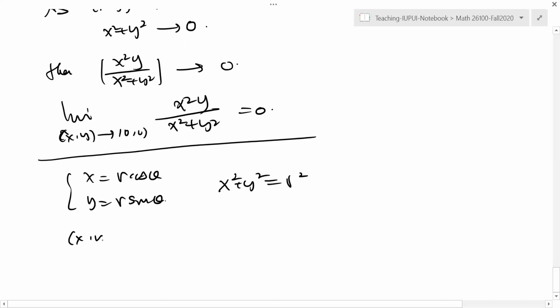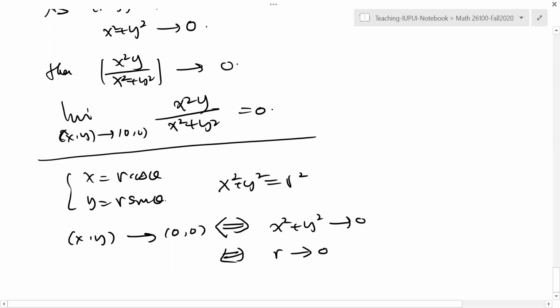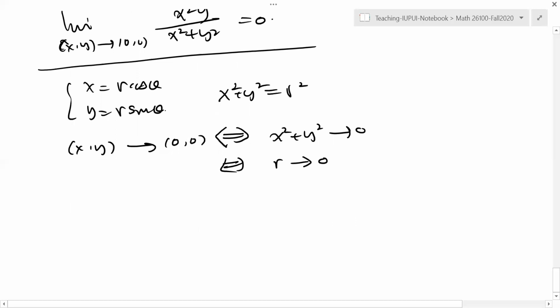So (x, y) approaches (0, 0) if and only if x squared plus y squared approaches 0, if and only if r approaches 0. So, to make it simple, just one variable approaches 0, independent of theta. You can make a transformation. It's called substitution, but it's a two-dimensional substitution.